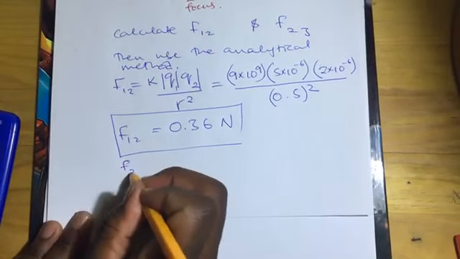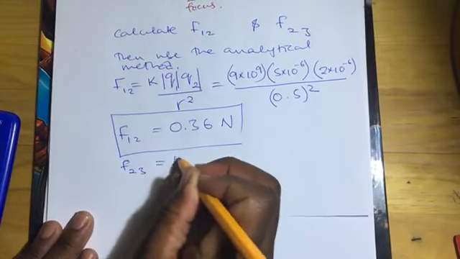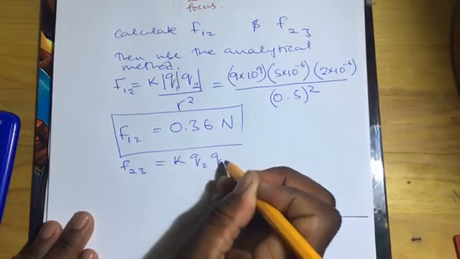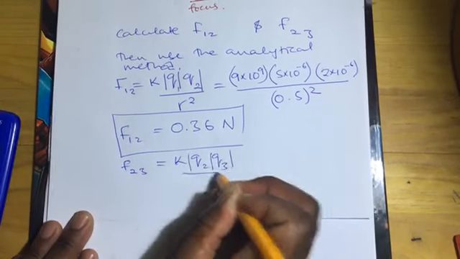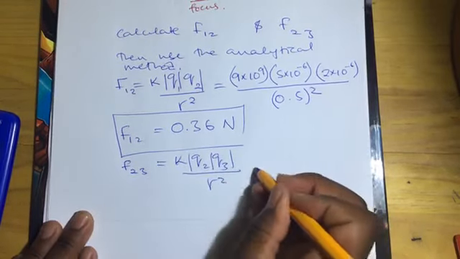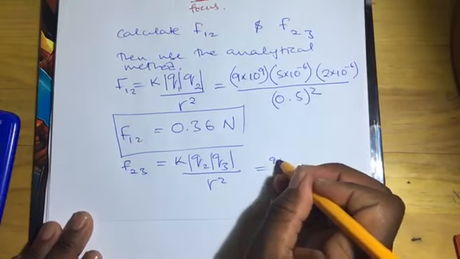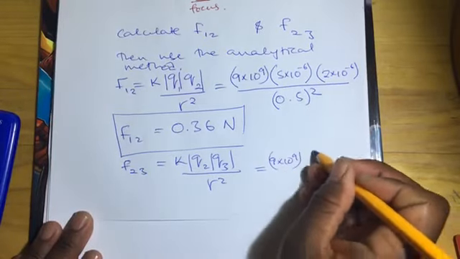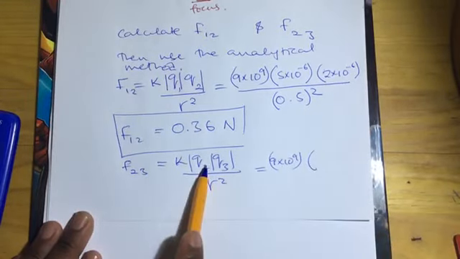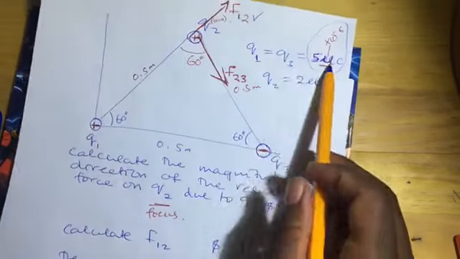F23 is going to be K Q2 times Q3 divided by R squared. So K is 9 times 10 to the power 9. And then Q1, Q2, these were given here.